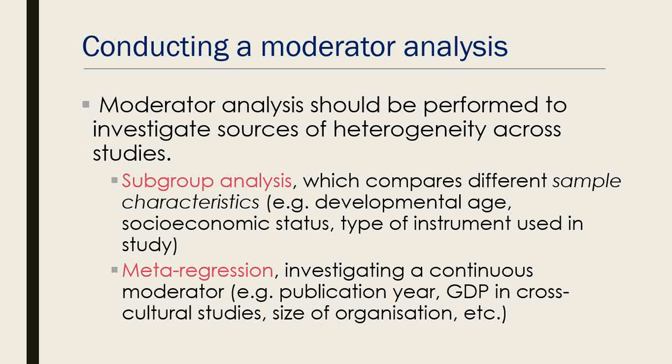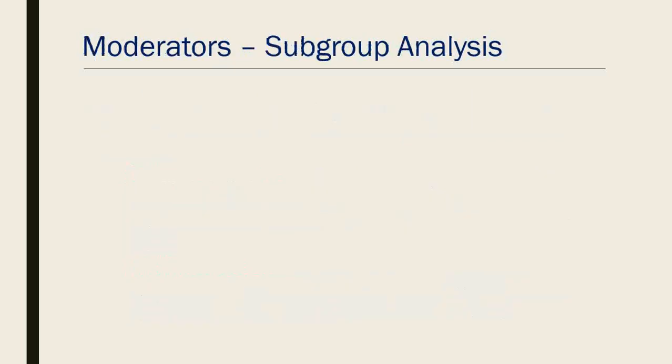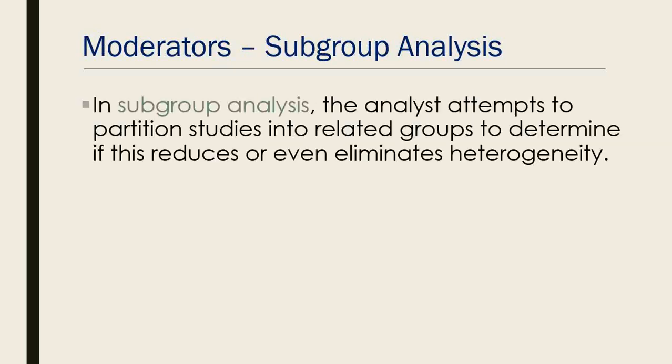Or if you're doing a cross-cultural study, you might look at factors like GDP, organisational size, things like that. So let's have a look at subgroup analysis. Now, in a subgroup analysis, what the analyst does is attempts to partition studies into related groups to determine if this reduces or eliminates heterogeneity.